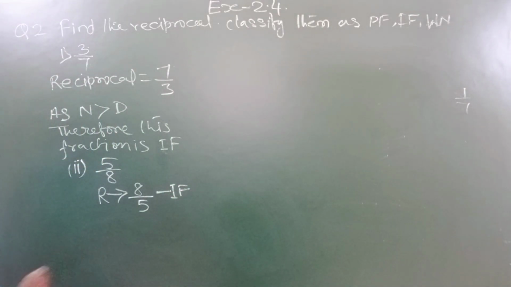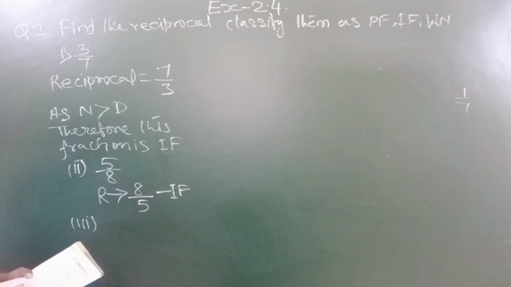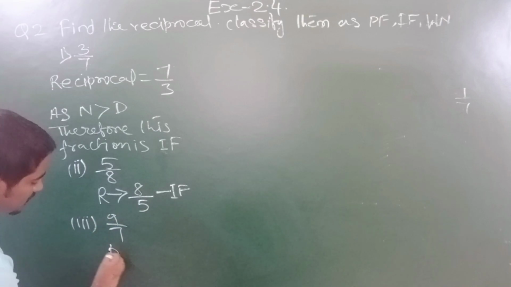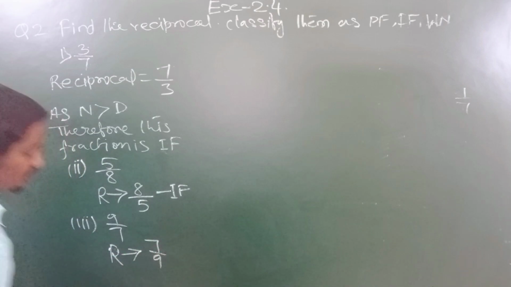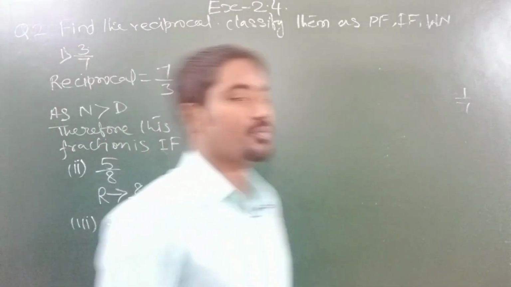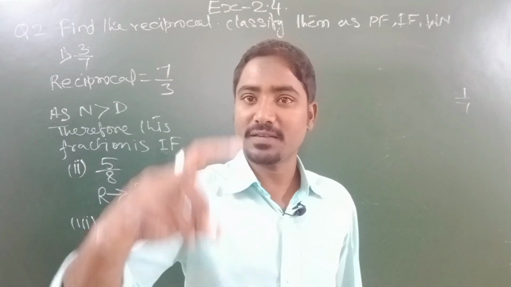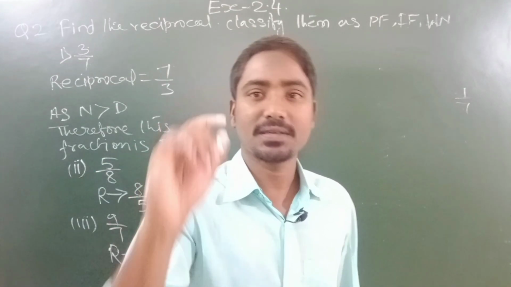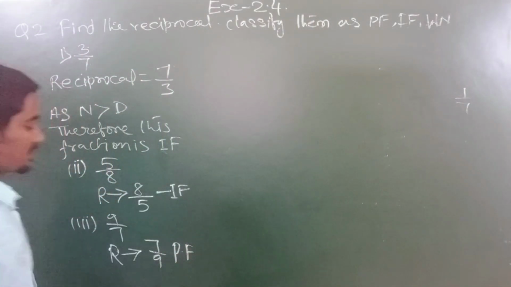Similarly we will solve the next segment, number 3, which is 9 upon 7. Its reciprocal will be 7 upon 9. This time the numerator is less than the denominator, and as I told you, if the numerator is less than the denominator, such fractions are known as proper fractions. So here we will have a proper fraction.